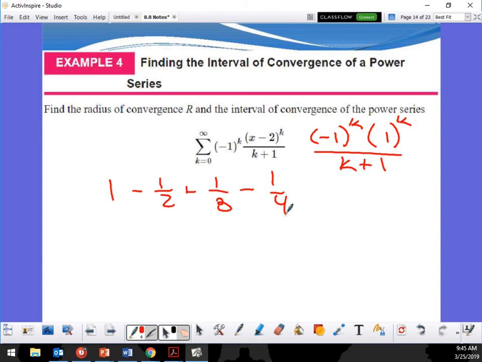This one has bounds going between those two, alternating. This one's the alternating harmonic series, and it is convergent. So my interval is going to look like this: from parentheses 1 to 3 bracket.